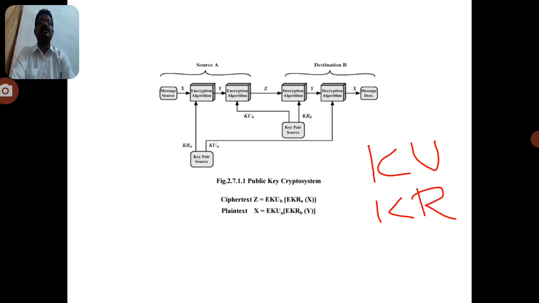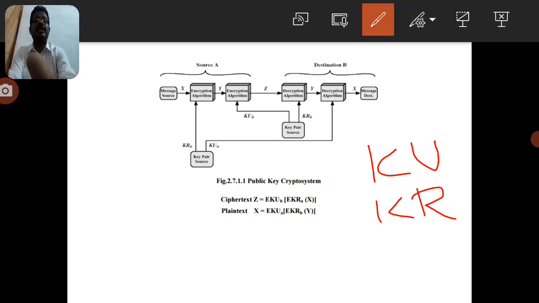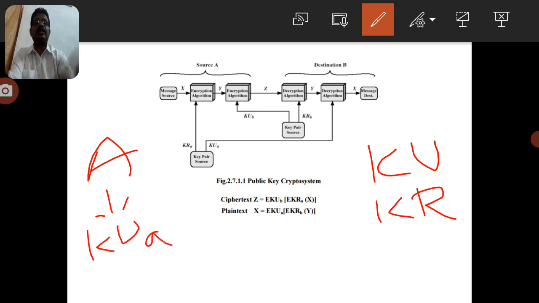One is the public key, denoted by KUA. Suppose user A generates the pair of keys: KUA, the public key, and KRA, the private key.